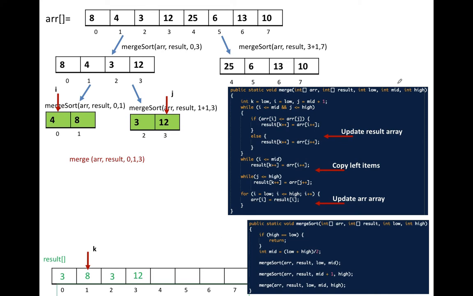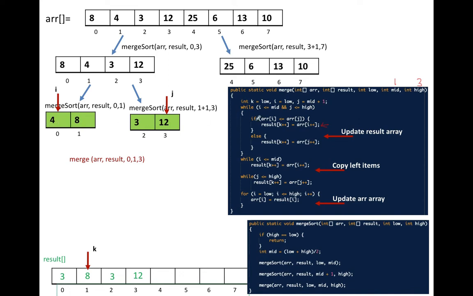The value of mid is 1, the value of high is 3, so i is still 0, and 0 is less than 1, and j is 3, which equals the value of high, that is 3. So it will go inside this while loop. Array of i is 4, array of j is 12. 4 is less than 12, so we execute this instruction and store what is present in array of i.